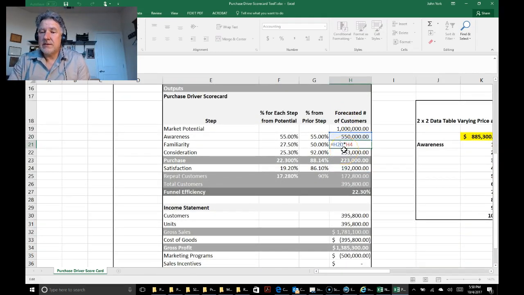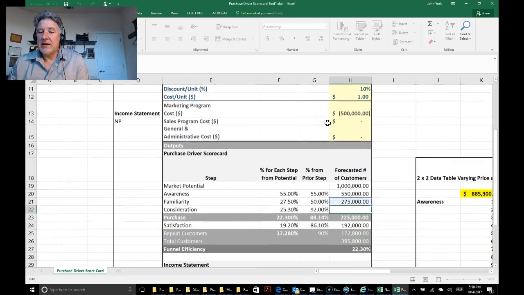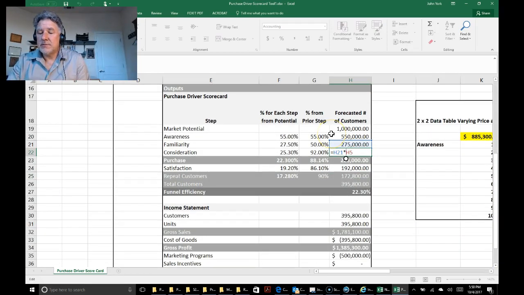Then we go to consideration, and again it ties back to the previous cell of familiarity and to the consideration conversion rate, all the way down to purchase. Then we take the same approach down to satisfaction, and then conversion to repeat customers. The total customers are basically the purchasing customers on the first purchase and the repeat customers that are there.